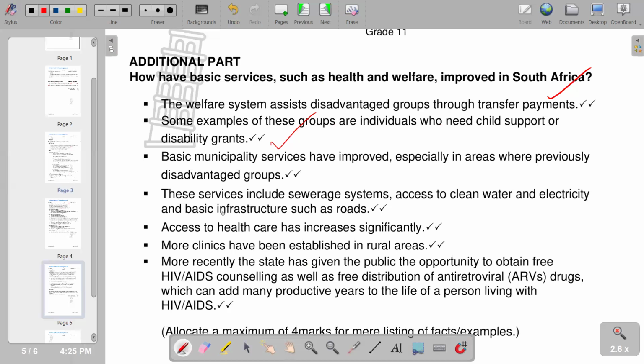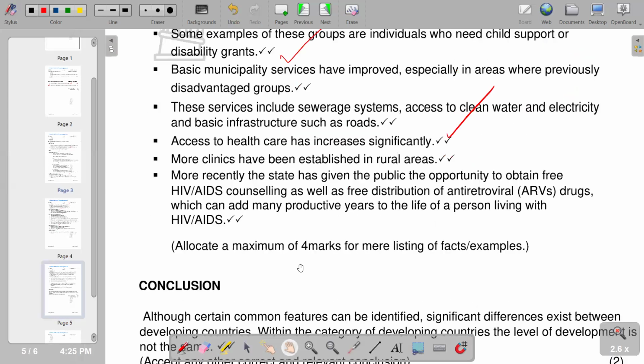Also, access to health has increased significantly. We have these as other points that we can include in the additional part. And of course, we are supposed to end with our conclusion.